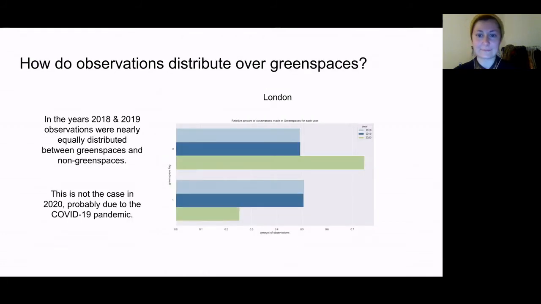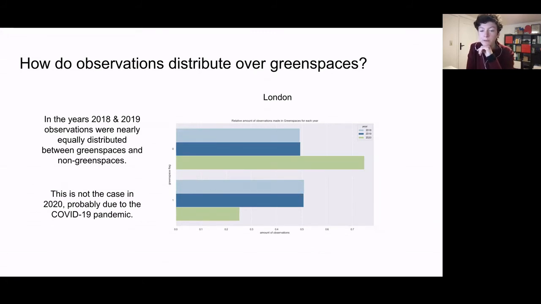Then I'll go next. What we also did was, since each observation in the dataset that we got from iNaturalist comes with a GPS coordinate, we retrieved the green space coordinates of each city from OpenStreetMap, and we gave each observation a flag saying whether the observation was made in a green space or not.